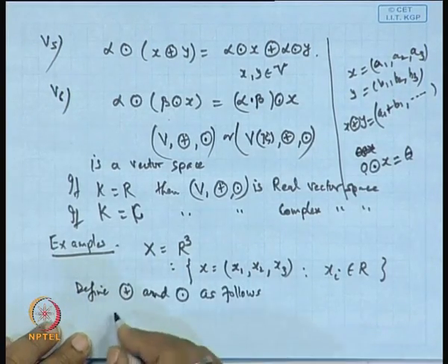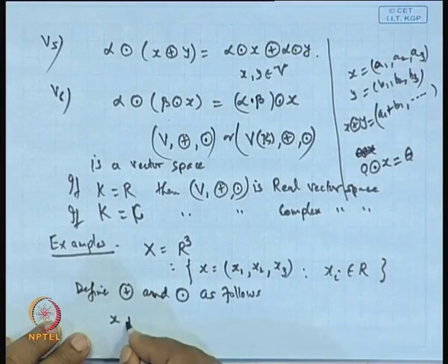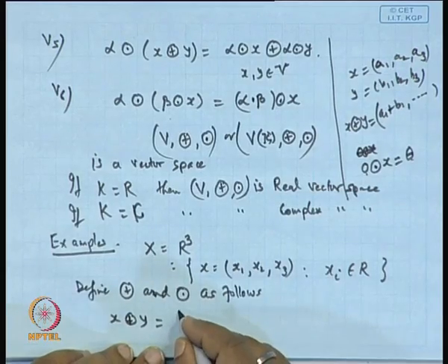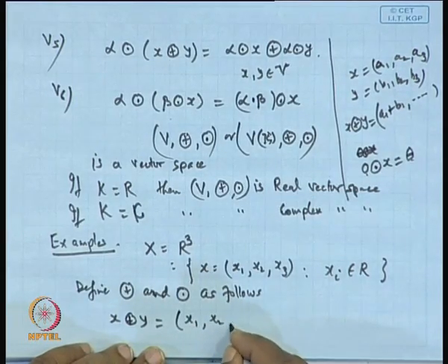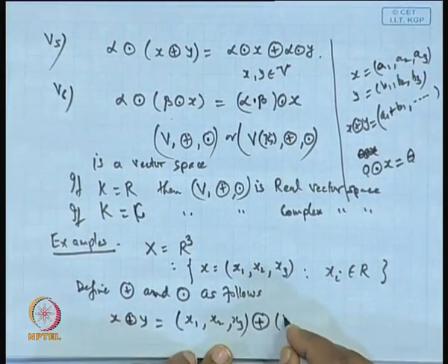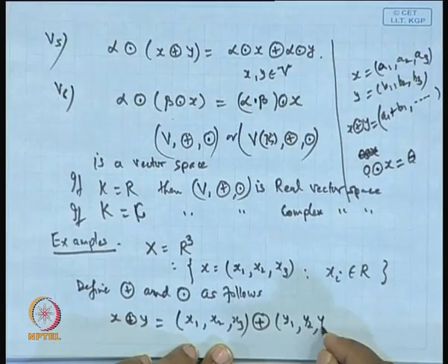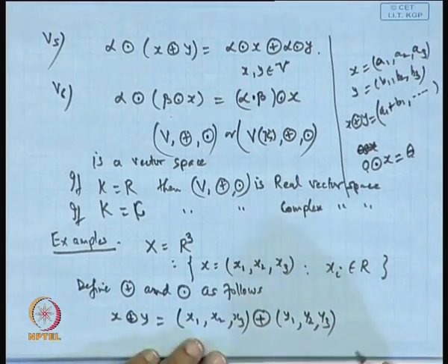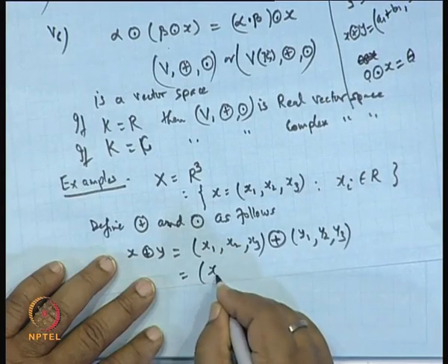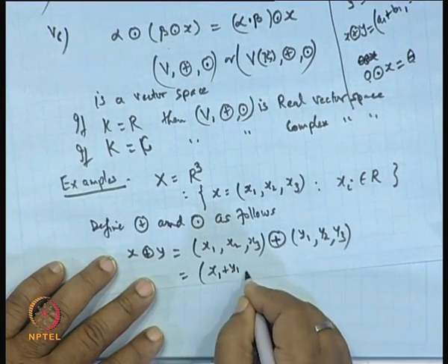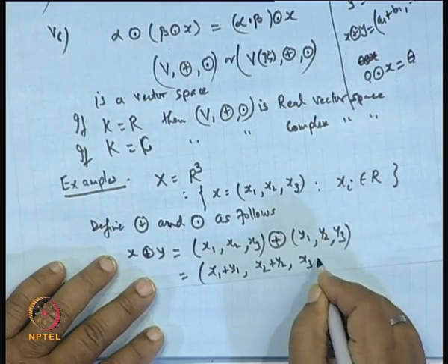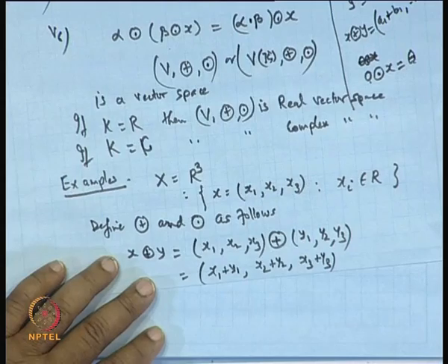If we take two vectors, x plus y, then this will be equal to x 1 comma x 2 comma x 3 plus y 1 comma y 2 comma y 3, and the addition is done coordinate wise, and we get the vector x 1 plus y 1 comma x 2 plus y 2 comma x 3 plus y 3.